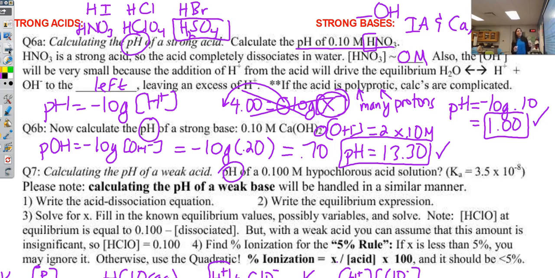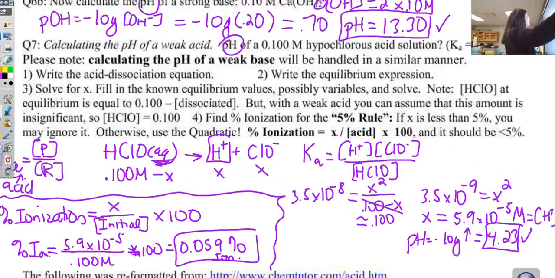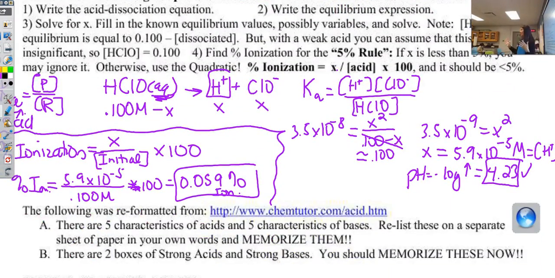So, if it's a strong acid, and they want the pH and they give you the concentration, negative log it. Easy, okay? But then what we started talking about was, and yes, we did this in Unit 1, which I'm so surprised, going back to this, I'm like, wow, we did this back at the beginning of the year.